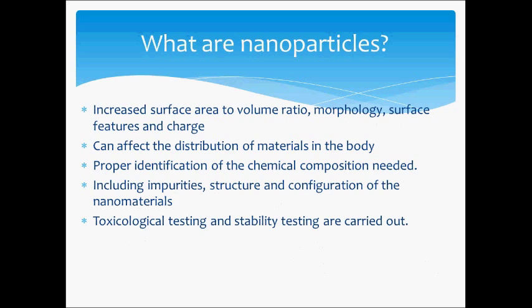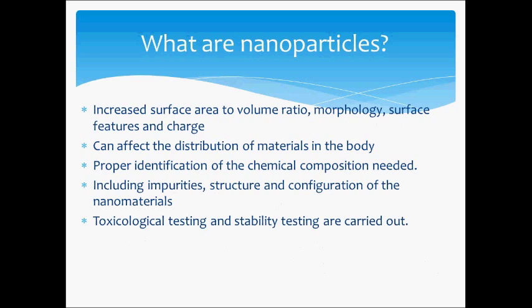As we know, nanoparticles are so small in size that the smaller the particle is, the greater the surface area will be. Increased surface area to volume ratio, morphology, surface features, and charge can affect the distribution of materials in the body.